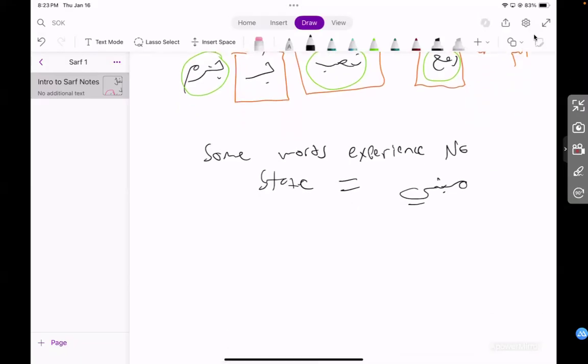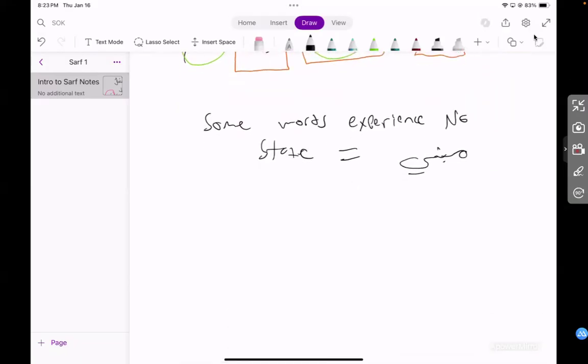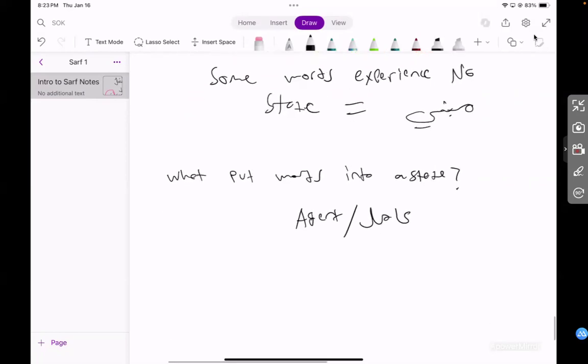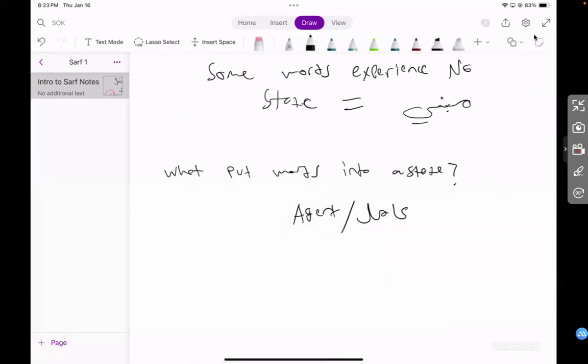So again, what puts words into a state? I just said the word. It is an amil, right? An agent. We translate it in English typically as agent. So this is what causes words. Put it this way: words are not put into a state or do not experience a state without having an amil.